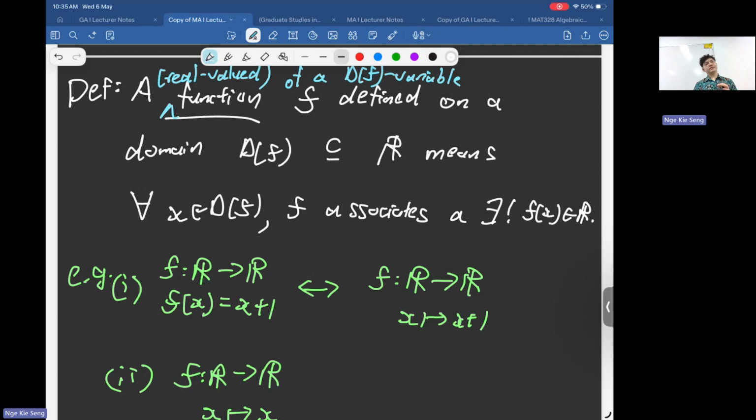Okay, makes sense. Sure. But my open interval can be empty actually. But doesn't matter. What matters here is maybe you are concerned about whether the domain of f is a subset of R or not.